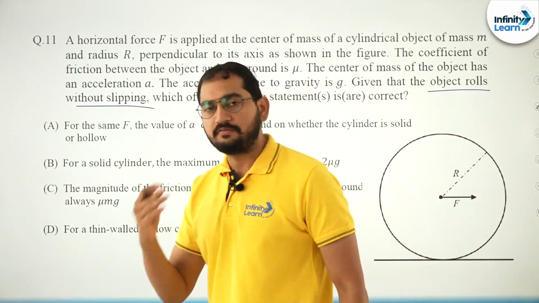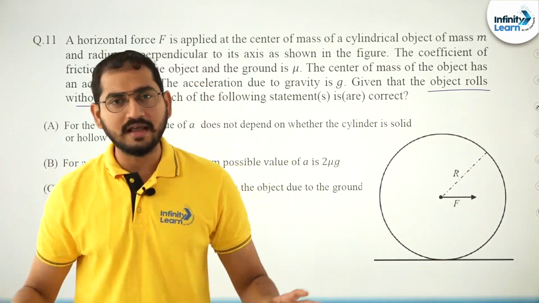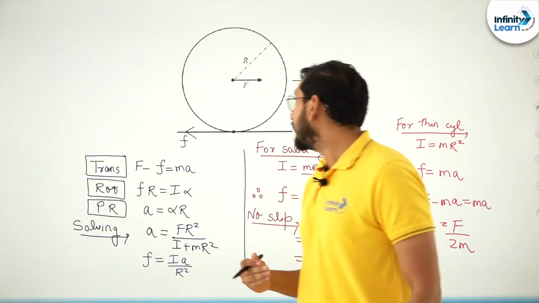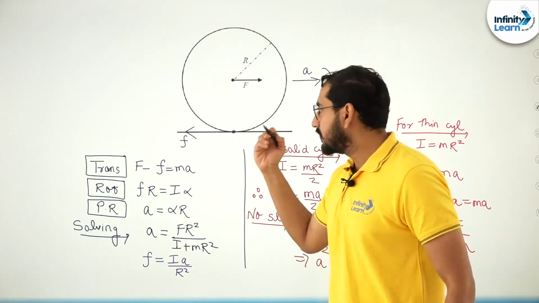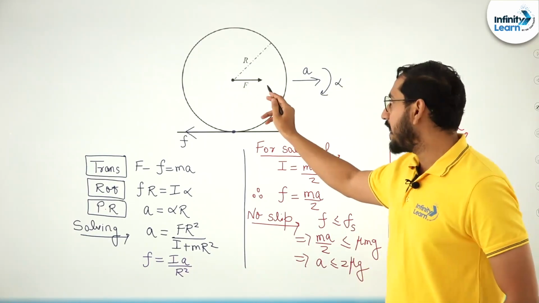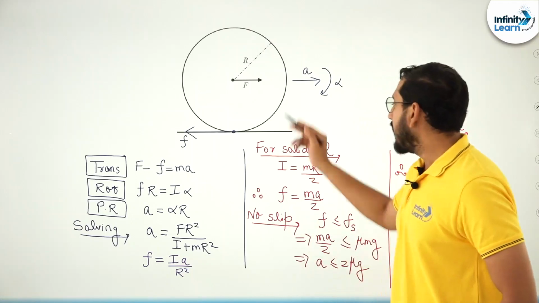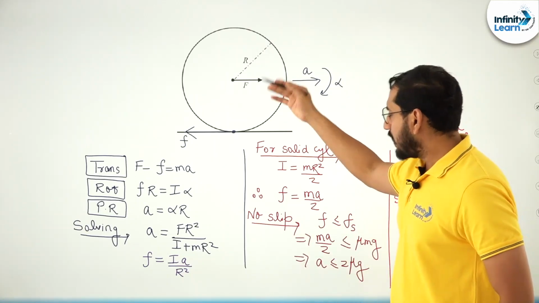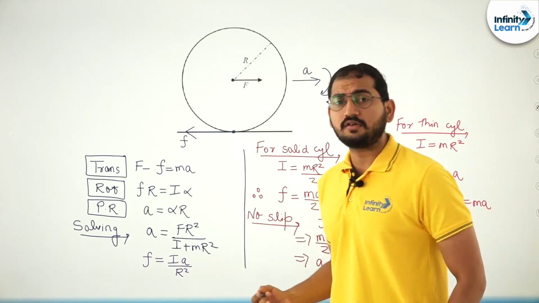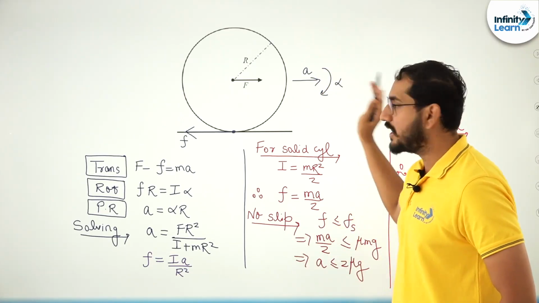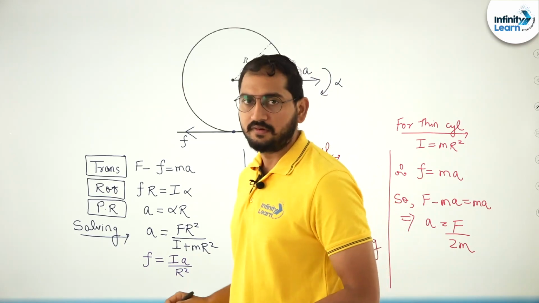My first objective is to draw a free body diagram and write down the equations. Let's discuss the free body diagram. Capital F is applied, and friction I have taken in the backward direction. Right from the start of the motion it will have pure rolling, so it will have some acceleration a, and in the clockwise direction the angular acceleration alpha.